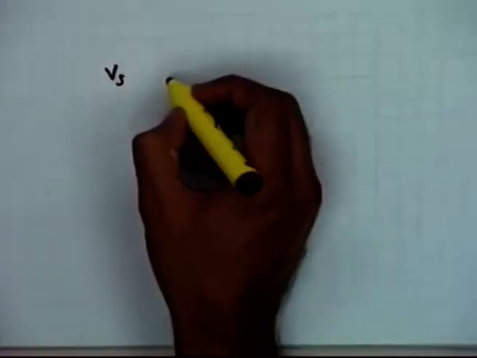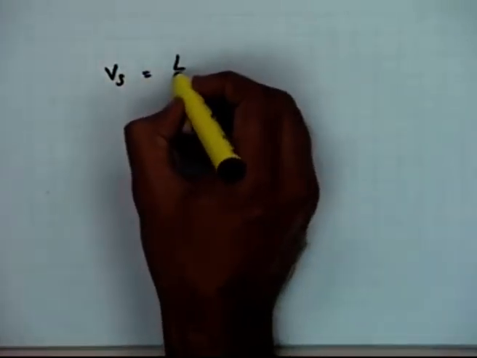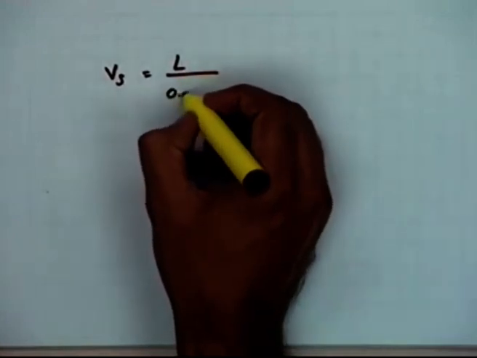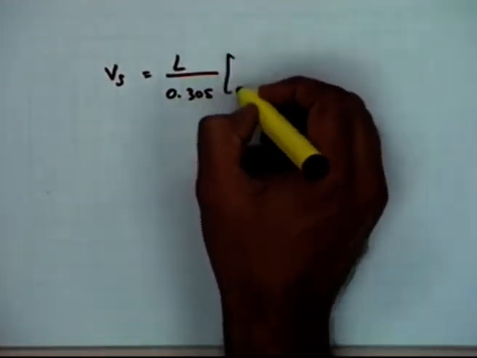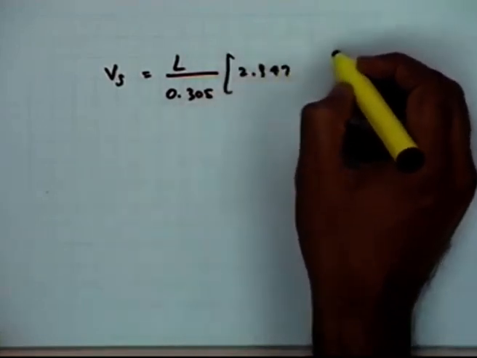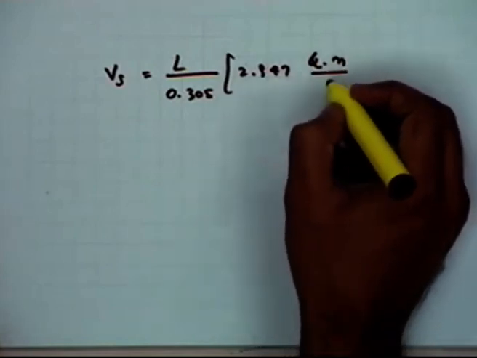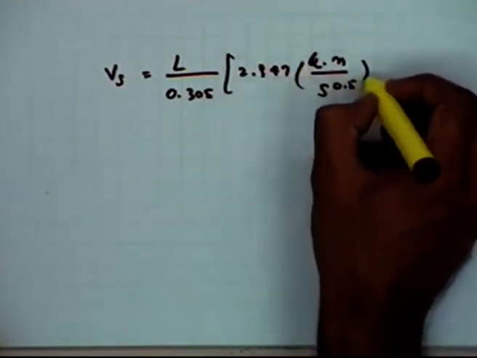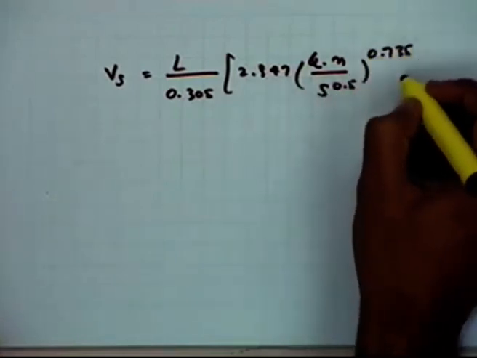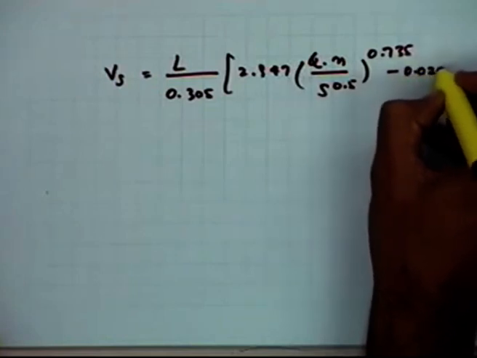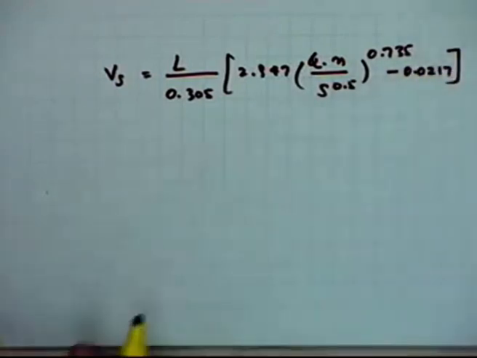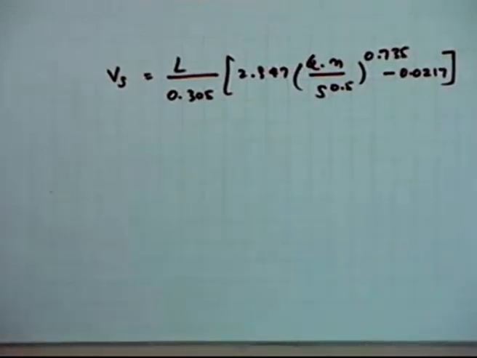And the channel storage, or the volume of water in storage, which we just mentioned, V_s, the expression used for V_s is this.